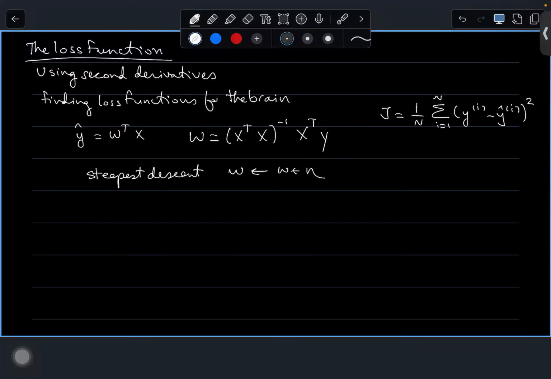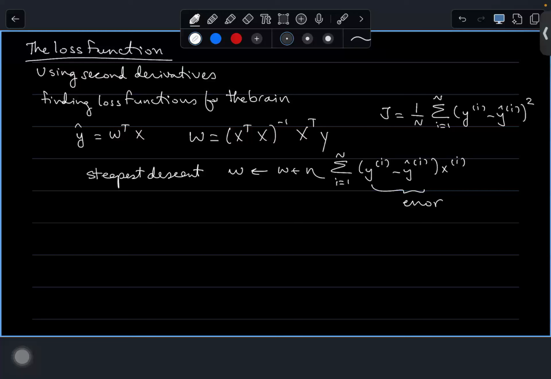So the steepest descent said, well, the gradient of this error is going to look like this, where this is the error. So that was the gradient.